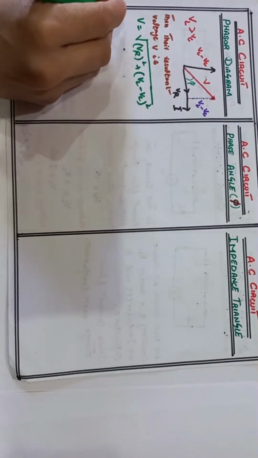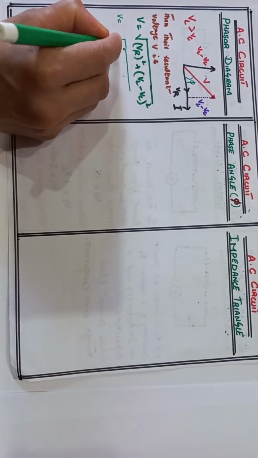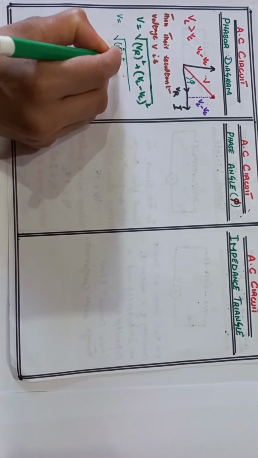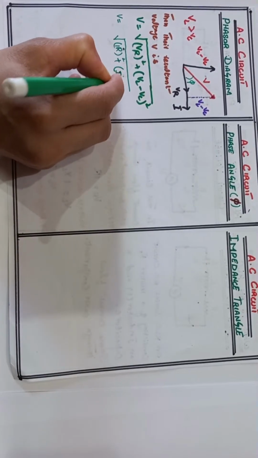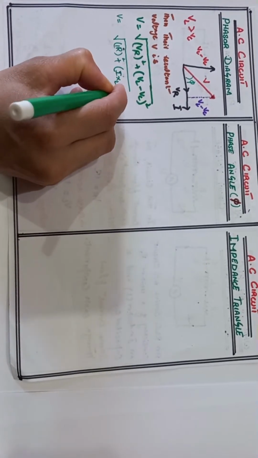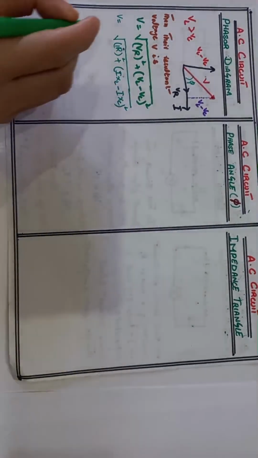Later we discuss that VR is equal to IR, VL is equal to I XL, and VC is equal to I XC.